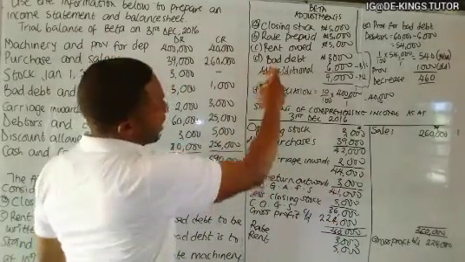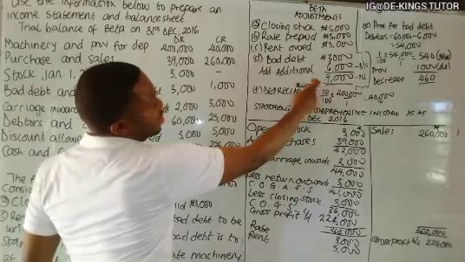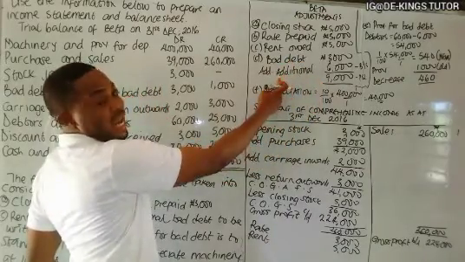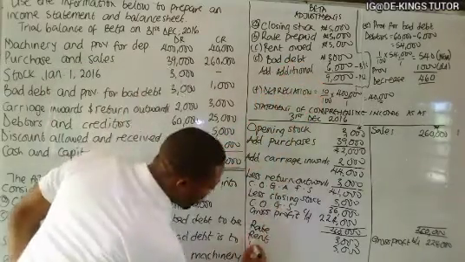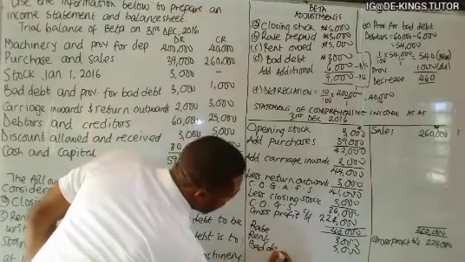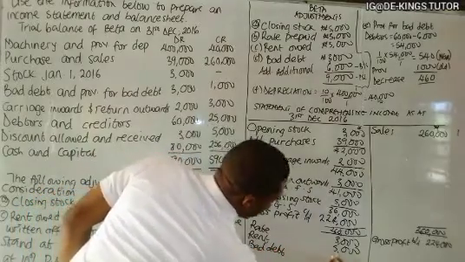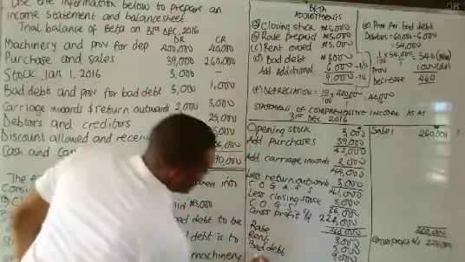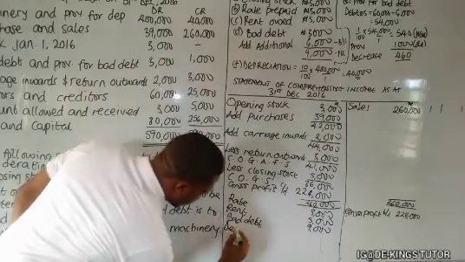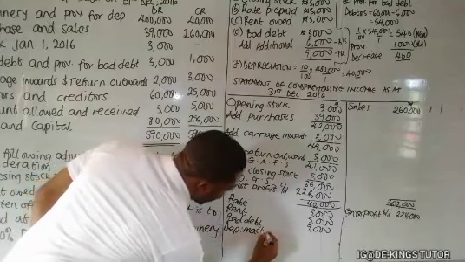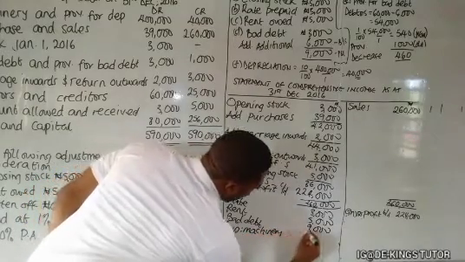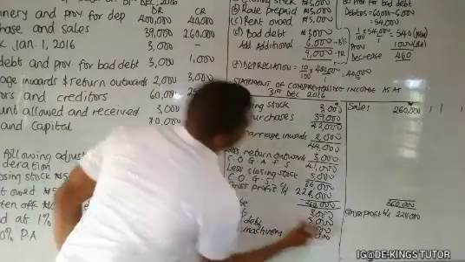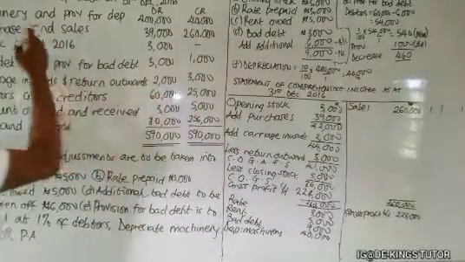Okay. So we have bad debt. Remember we have 3,000 and it said add additional as 9,000. Bad debt is 9,000. Okay. We have depreciation. Depreciation of machinery as 40,000.